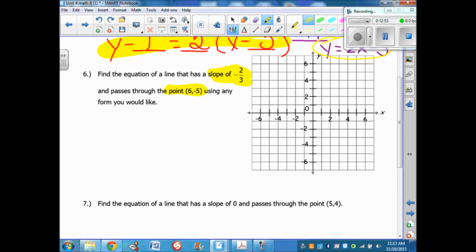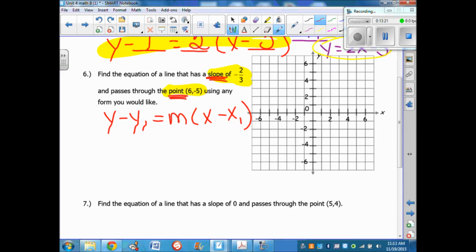passes through the point (6, -5), using any form you would like. So let's practice our new form. Well, what are we given? We're given a slope and a point. So it would make sense to use the point slope form. So again, write it. y minus y1 equals m times x minus x1.